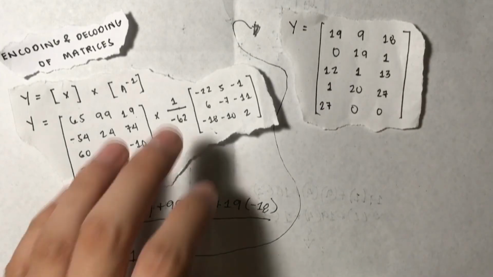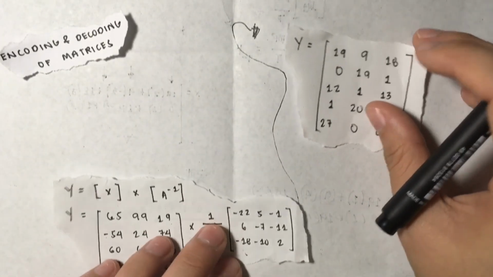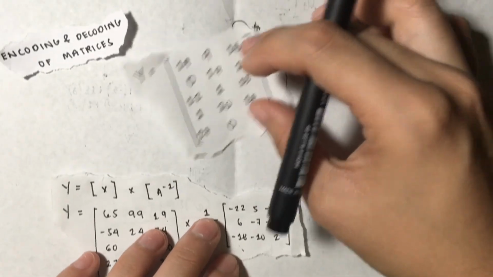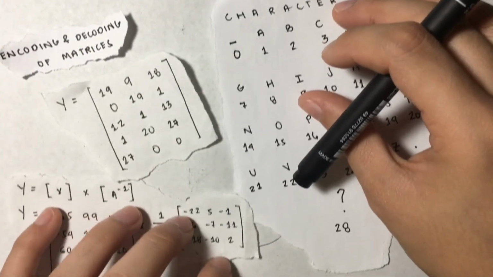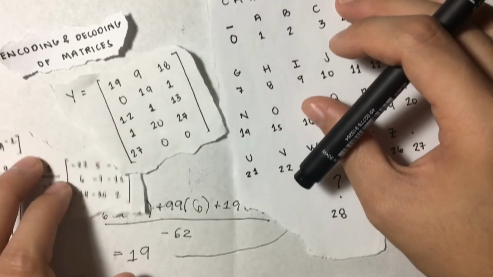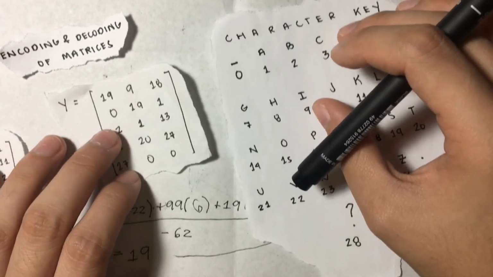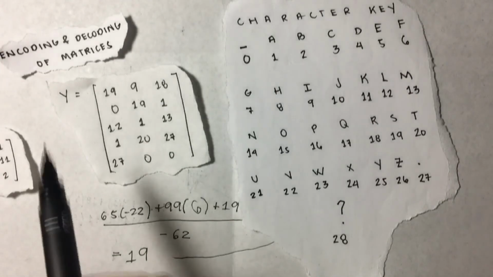You must only get whole numbers, for whole numbers are the only ones that correspond to a character key. Now that we have completed the matrix, we are able to crack the message at last. Again, we will write it down from left to right, left to right, left to right. After writing down all the values, we are now done.